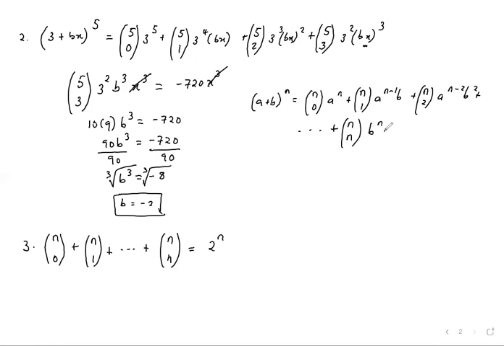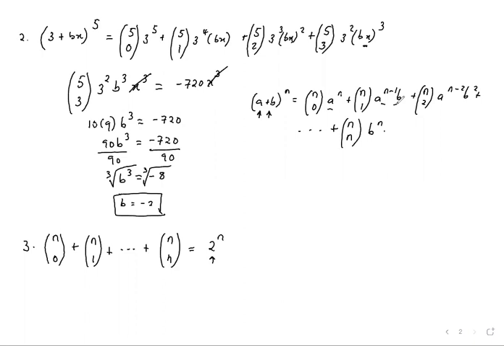So in questions like these, you just have to be wise in making the choice of a and b so that you get 2. And then the a's and b's do not affect those coefficients there.